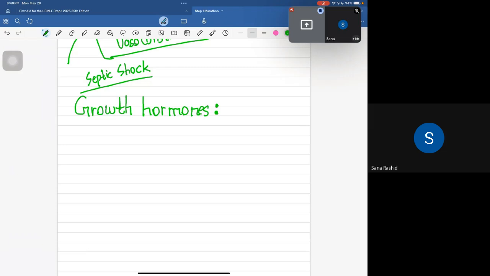As we go through this marathon, I'm gonna tell you in each system which hormones and which drugs are gonna act on which part, and we are gonna revise the old ones also. I told you that on the distal convoluted tubule, diuretics are gonna work also, and ADH is gonna work on the distal convoluted tubule and the collecting duct also. So this was ADH. Now we are gonna move to another hormone.